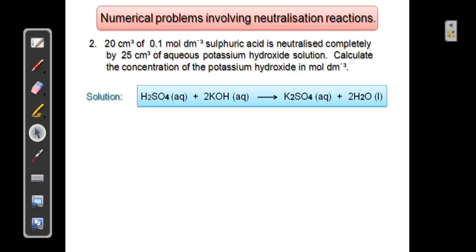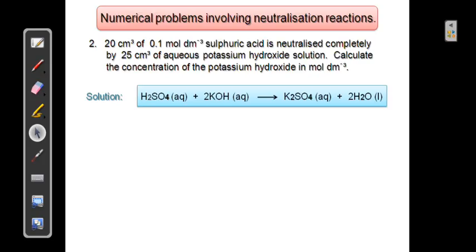So that's the reason why you need 2 KOH. Only having 2 KOH will let 2 potassium get attached to the sulfate, and then of course you have 2 H2O.